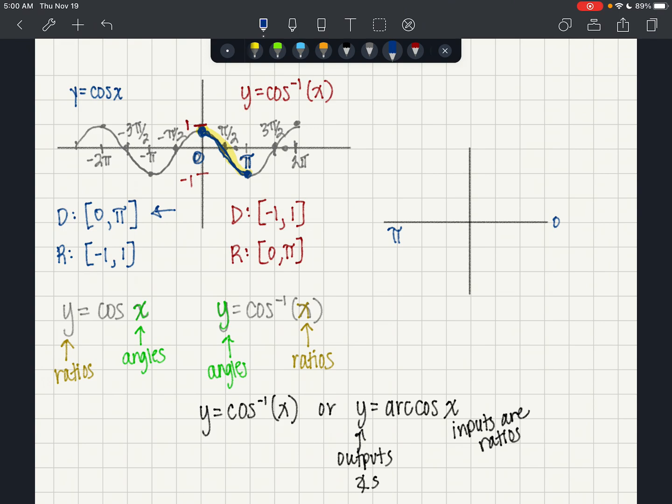So if we translate that to the unit circle, starts at 0, ends at pi, all of these angles are legitimate outputs. The angles are outputs for your inverse cosine.